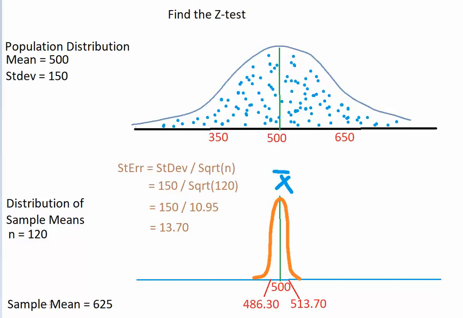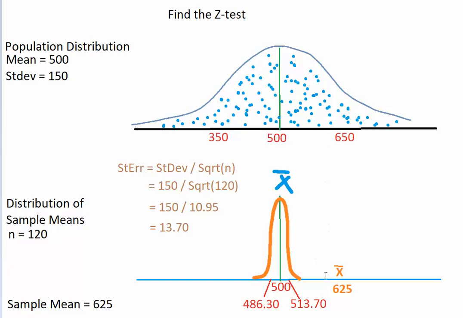Now, for our sample problem, we're told that the sample mean is 625. So just think, a sample mean of 625, and here's our context. The mean of all these sample means is 500, and most of these sample means are between 486 and 513, and this is going to be at 625. At 625, you can see that it's really out there. I mean, 625, if it was just an individual score, not that unusual.